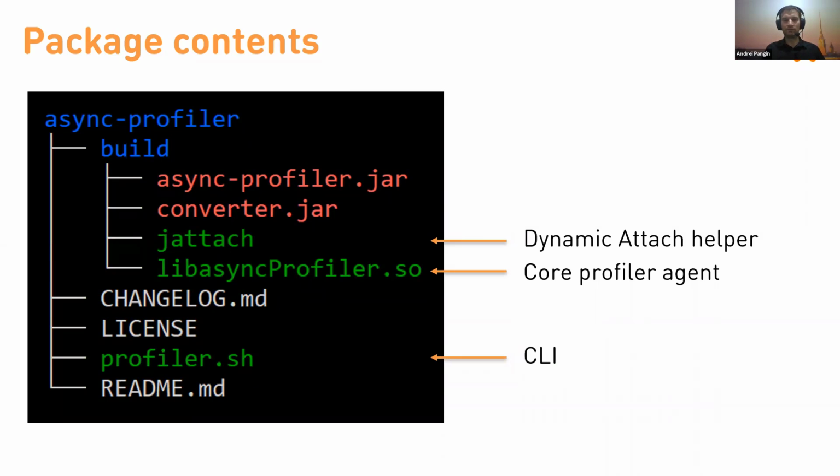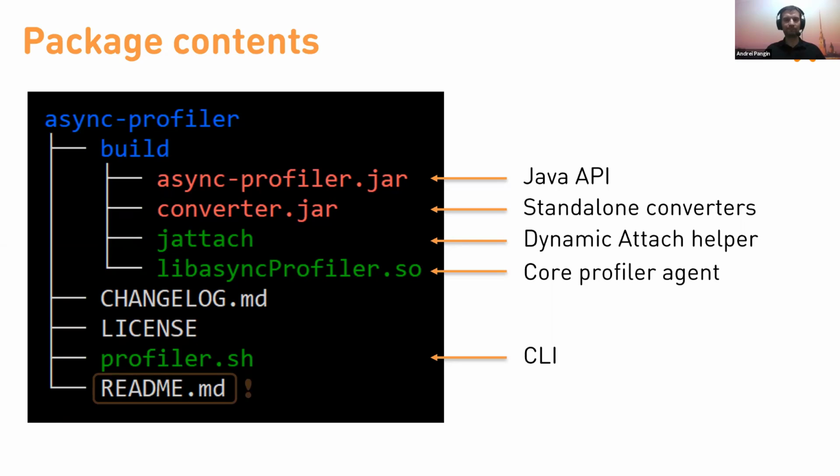Then there is the shell script, which is a command line interface for the profiler, and a Java API to use it directly from your applications, and a couple of standalone converters to convert between formats supported by the profiler and external tools.